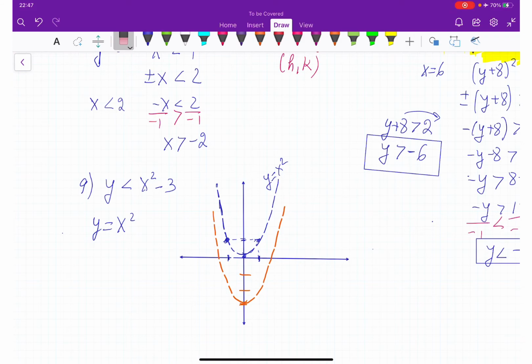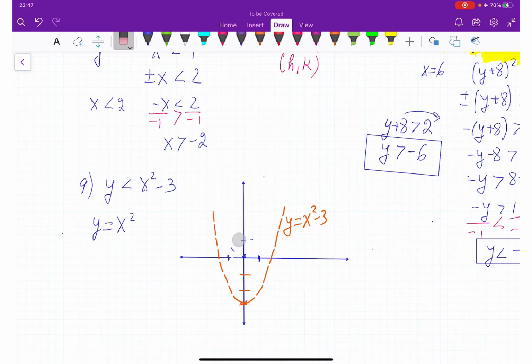And this is y is equal to x squared minus 3. Okay, now let's shade it. So I'm going to clean this because we don't need it anymore. I used it to build our graph, but now we don't need it.